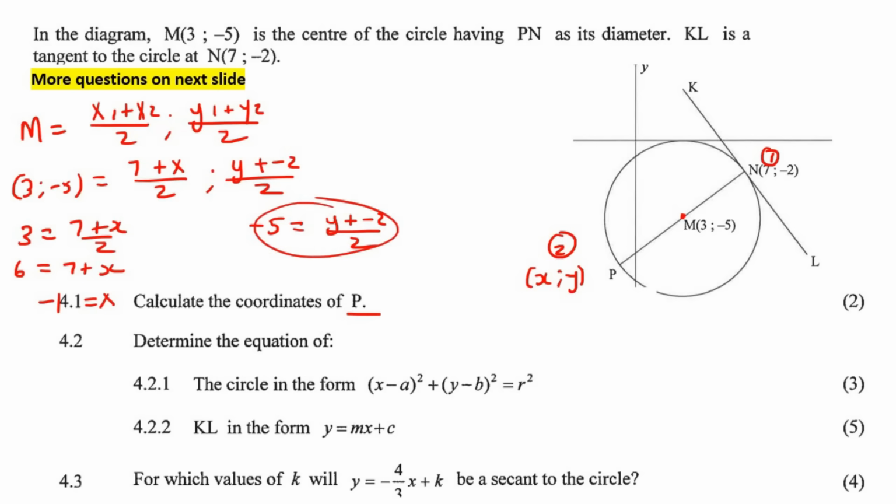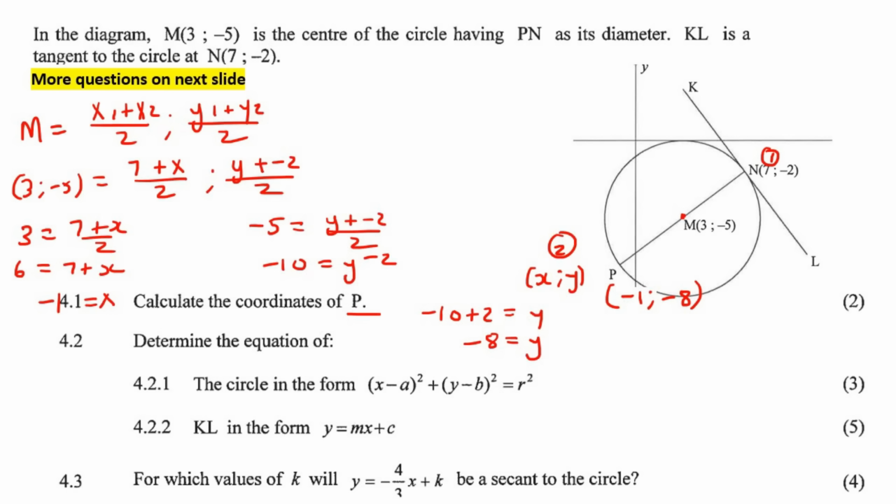And then for this one, you're going to take the 2 over, and so you end up with negative 10 equals Y plus minus 2. Now this part here just becomes a minus 2. I'm then going to take the minus 2 over to the other side, and so that'll become minus 10 plus 2 equals Y, and so Y would be negative 8. So then the coordinates of P would have to be negative 1 and negative 8.